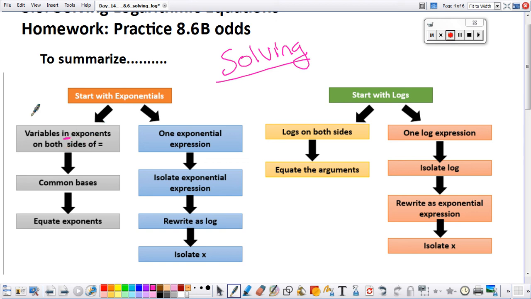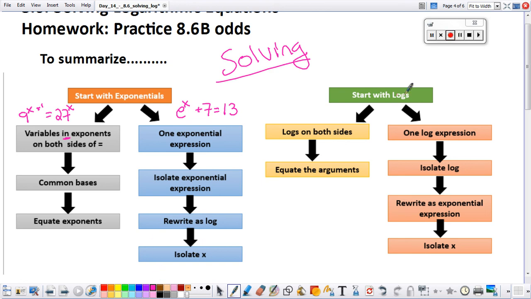If you do, this is like when we started a problem like this, for example, get a common base, set your exponents equal, and solve. If you only have one exponential expression, something like this, you're going to isolate the exponential expression, rewrite it as a log, and isolate x to solve.